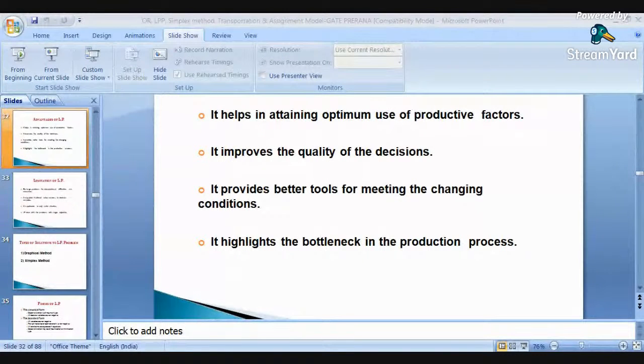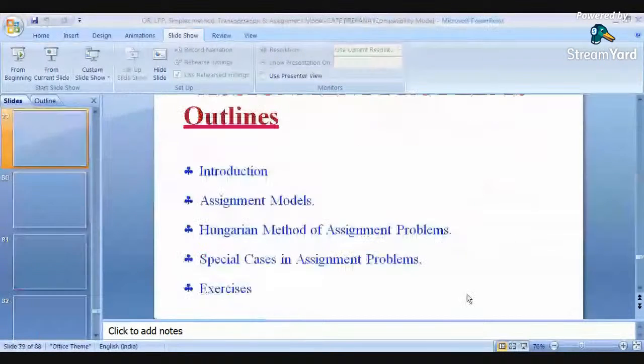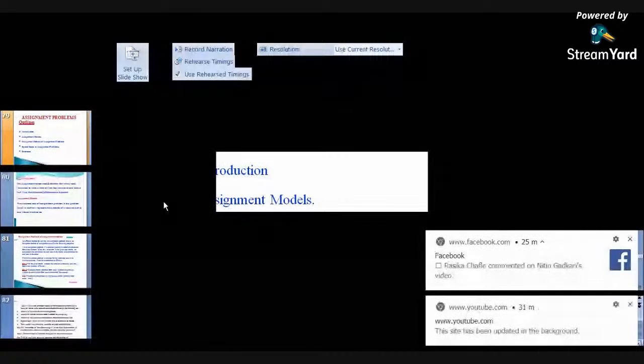But while dealing with the LPP, the computational difficulties will be more since the variables are more in the transportation problem, and therefore it is easy to solve with techniques like the VAM method or the modified distribution method.